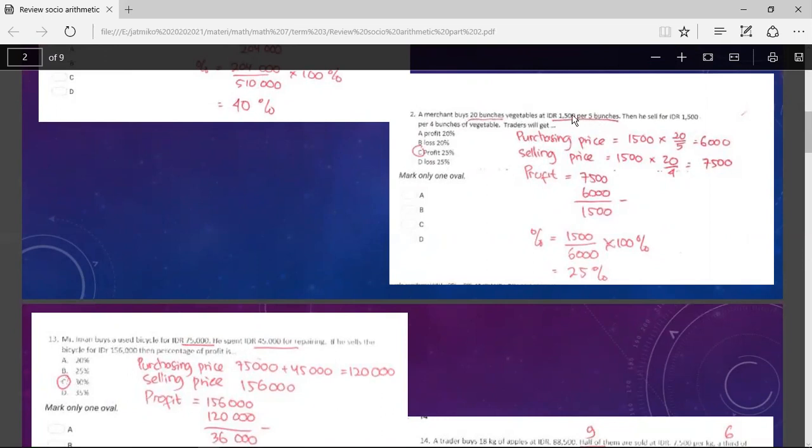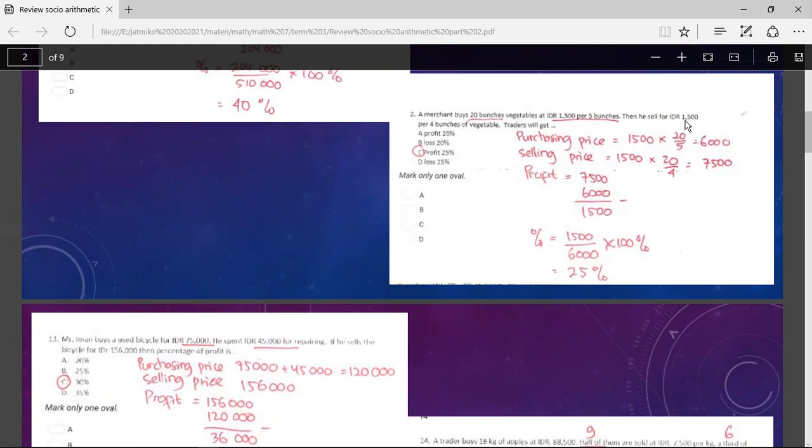It is 1,500 times 4, right? Or if you want to use comparison, 5 is 1,500, how about 20? So 20 divided by 5 times 1,500 equals 6,000.